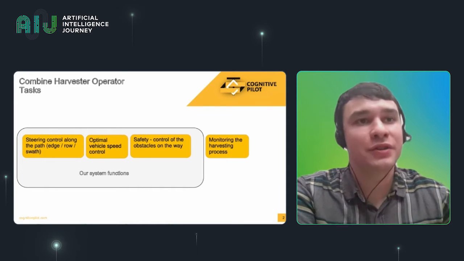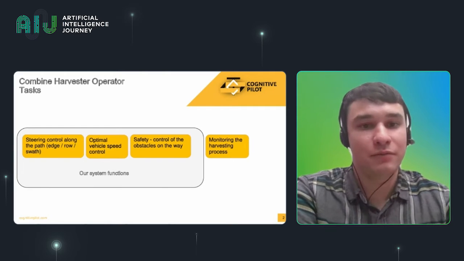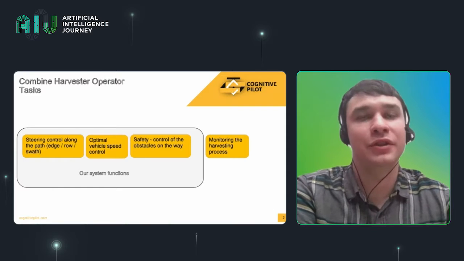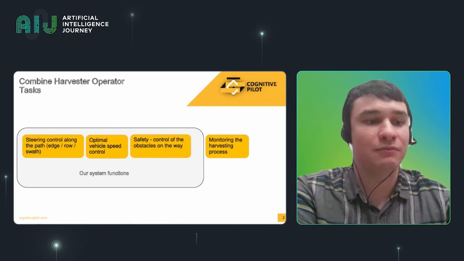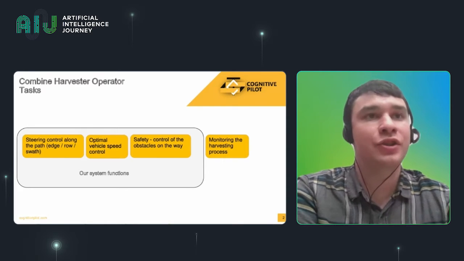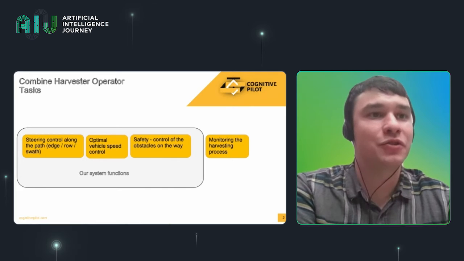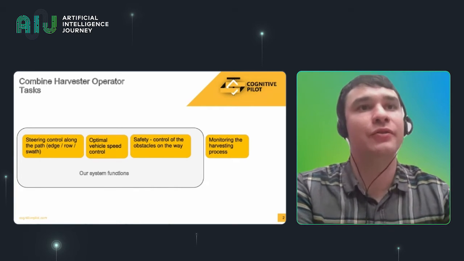The second point connected with the first one is the control of the vehicle speed to increase the efficiency of the harvesting. So the operator should check the parameters and tune the speed of the vehicle to increase the efficiency.